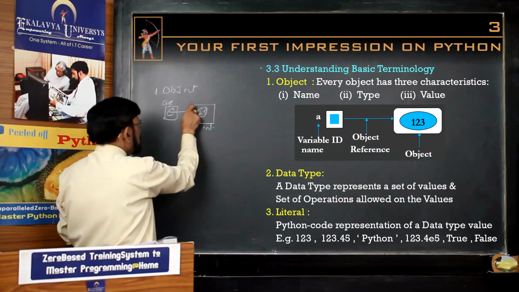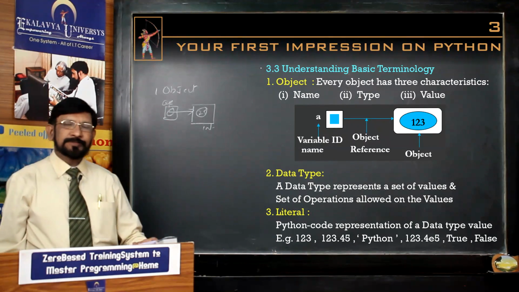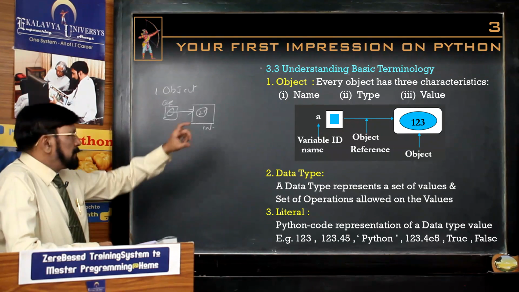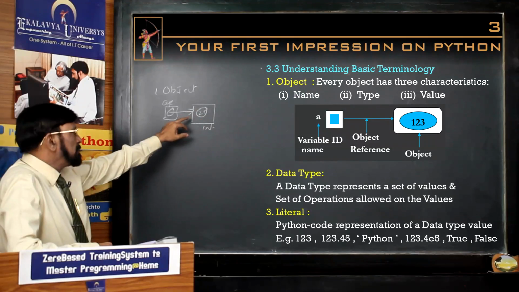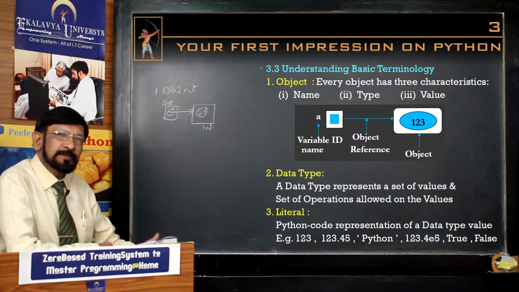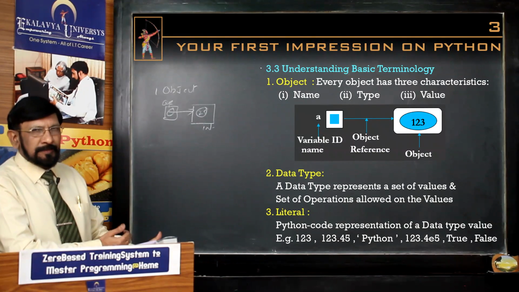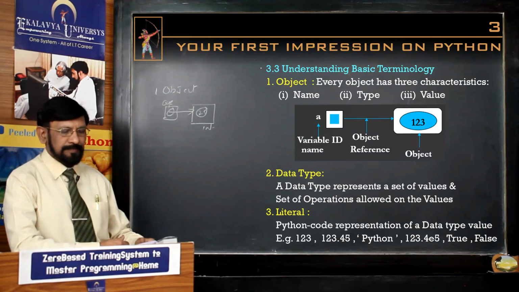Always you should recall this. Understand? So that is an object. Simply you can understand that it is a memory location in which a specific type of value is stored. That's what we call an object. Simply understand it as a memory container.